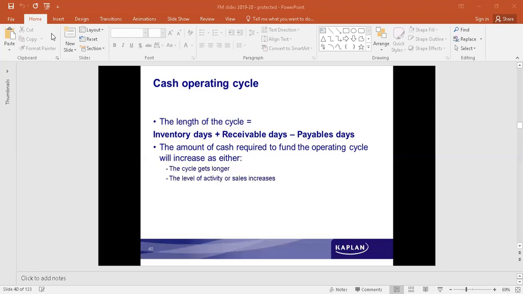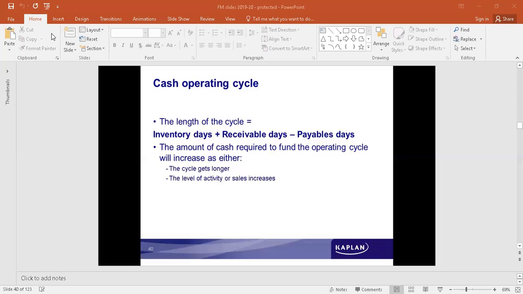Plus receivable days: after the goods are sold, how many days of credit period is extended to the customers, that is receivable days. Minus, like they are extending a credit period to their customers, their suppliers also might have extended a credit period. So that is payable days. Inventory days plus receivable days minus payable days.